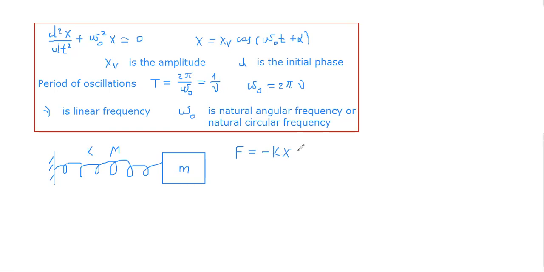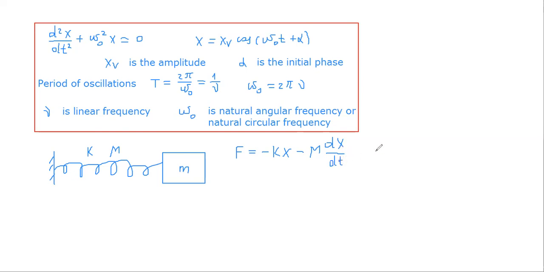But now we have one more term equal to mu multiplied by the first derivative of the coordinate.